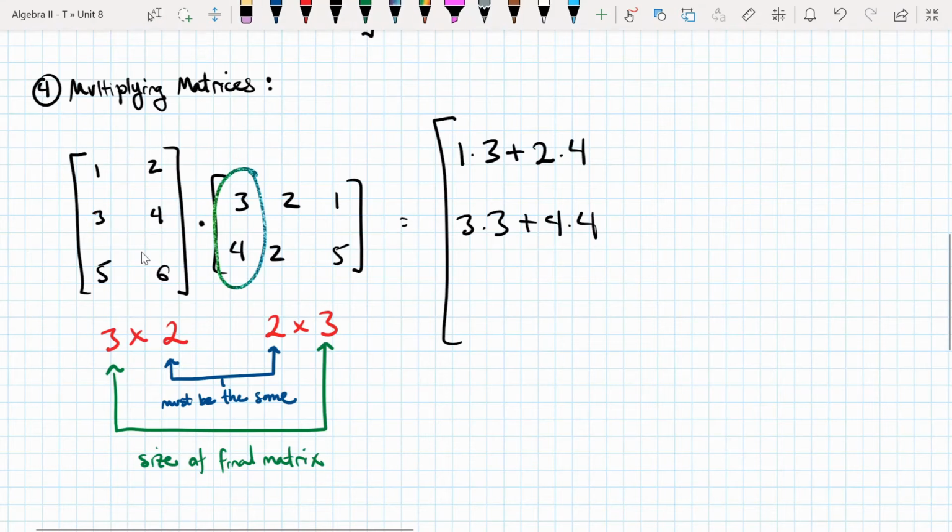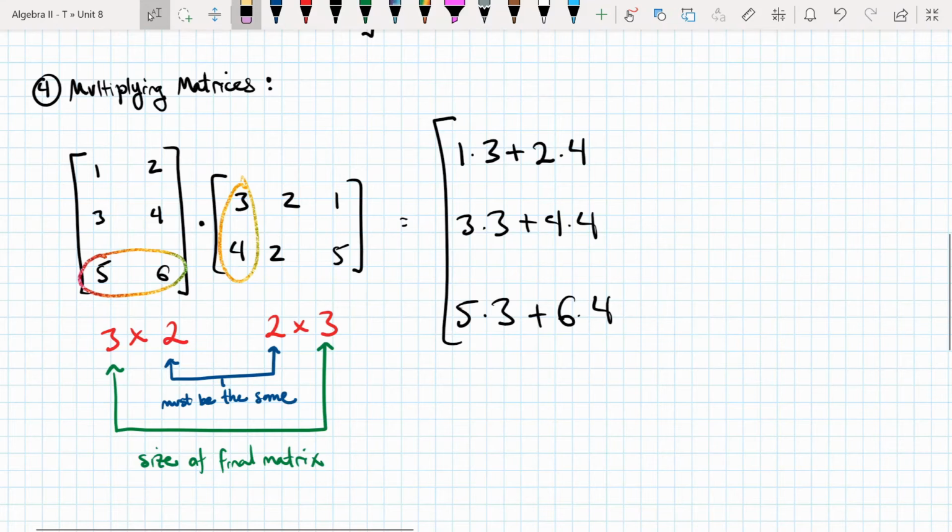I was reading that wrong at first. And then the last one here is going to be the third row and the first column. So that will be 5 times 3 plus 6 times 4.